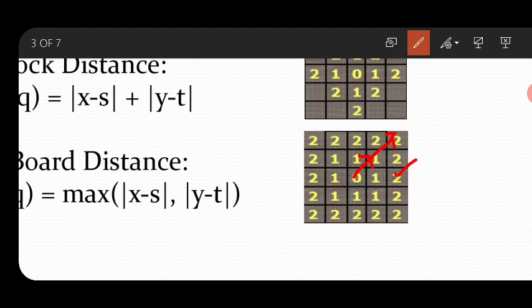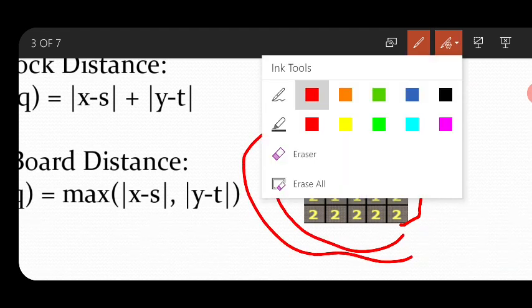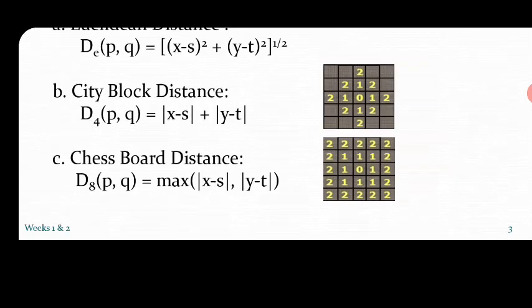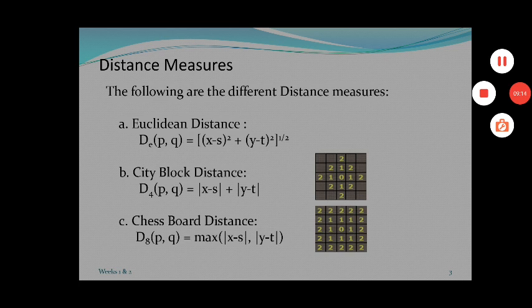From this pixel 0 to 1, distance is 1, 1 to 2. If I make one more column here, what will be the values? All you get here is 3, 3, 3 like this. Next, all will be 4. That is the concept of chessboard distance measurement. I hope the distance measurement operation is clear for you.